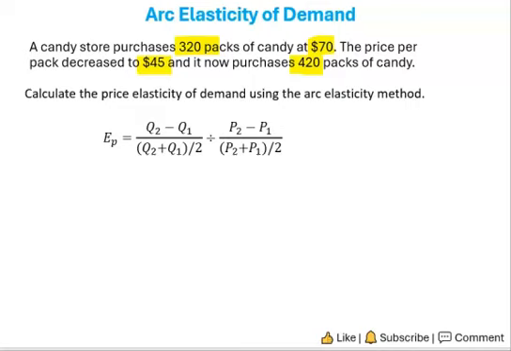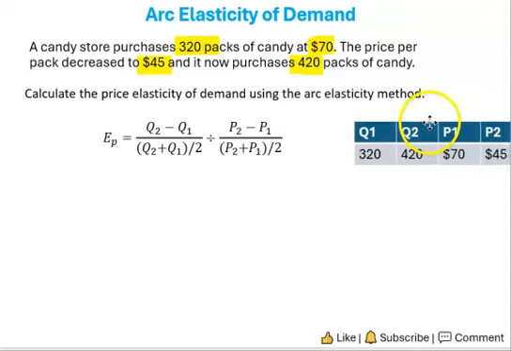The important thing when it comes to the Arc Elasticity method is to know which one is your Q1 and Q2 and P1 and P2. So we can see here that our Q1 is 320 and P1 is $70. Our Q2 is 420 and P2 is $45.